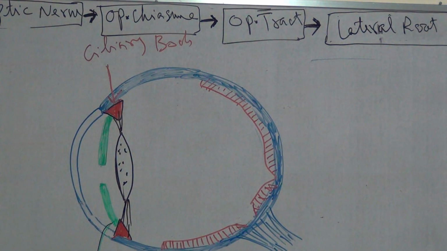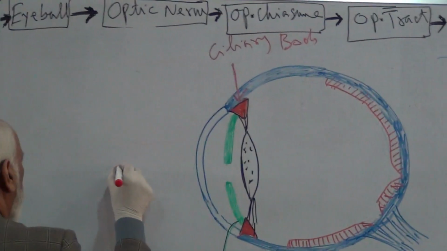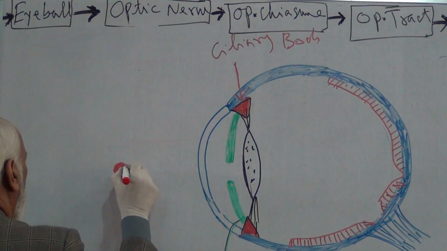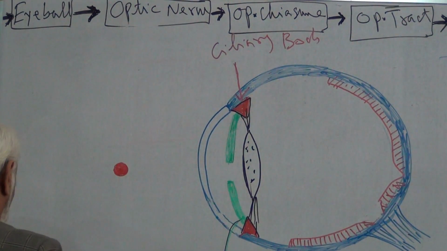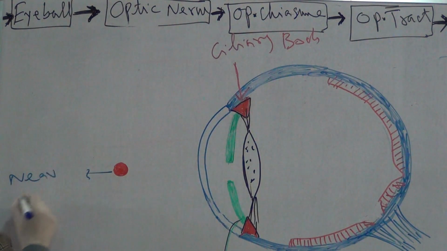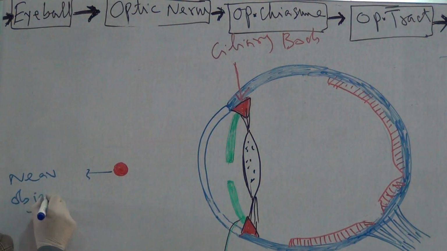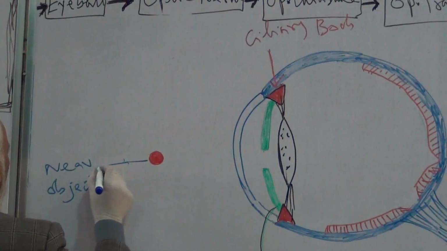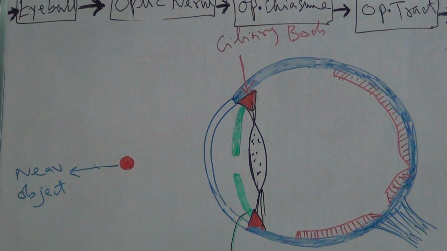Now if you want to see a near object, suppose this is a near object.